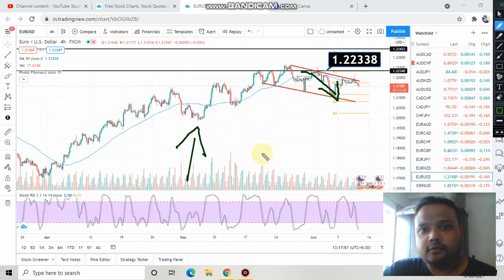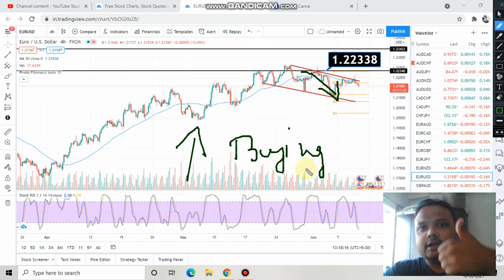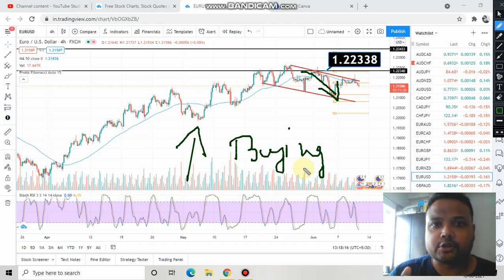Therefore our duty is mainly to look for buying opportunities, because, as we all know, the thumb rule of trading says always stay with the trend, always try to follow the trend and never go against the trend. So if we consider the overall trend, then we should consider buying opportunities only.